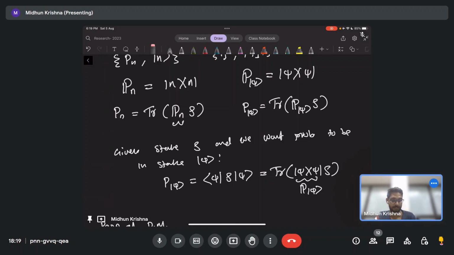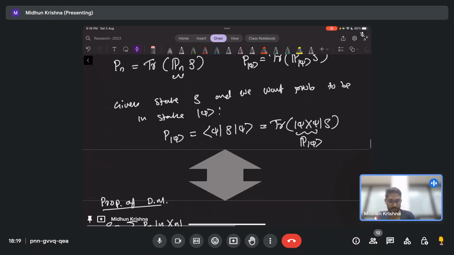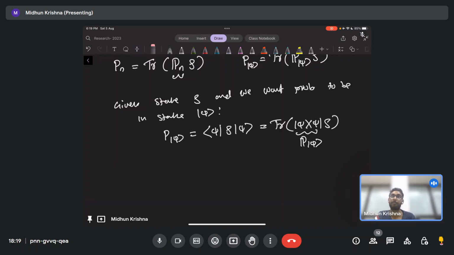Now since we're doing this, I'll also do something generalized. Let's say I have an n level system, say a four level system with basis states 0, 1, 2, 3. 0 is the ground state, 1 is the first excited state, 2 is the second excited state, and 3 is the third excited state.